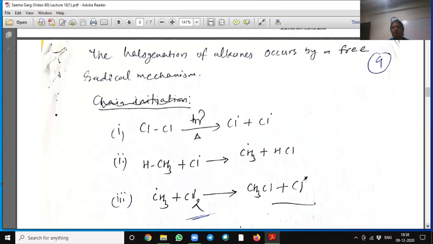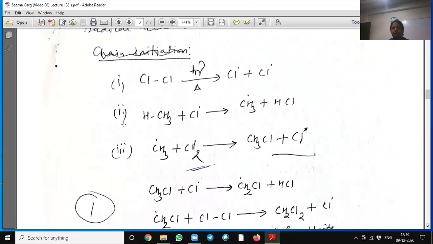The halogenation of alkanes occurs by a free radical mechanism. See here, it is a free radical substitution reaction. So in the first step, suppose we are doing chlorination. Then the chlorine molecule in presence of UV light first converts into a chlorine free radical, and this chlorine free radical reacts with alkane and abstracts one proton and forms hydrogen halide.